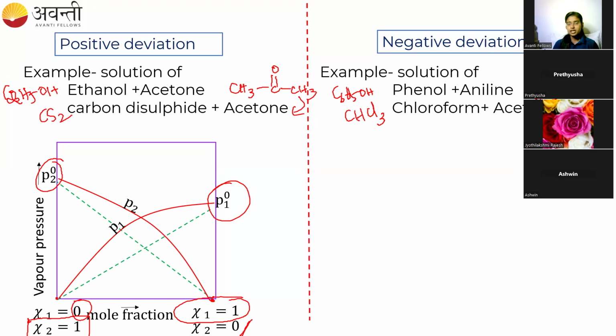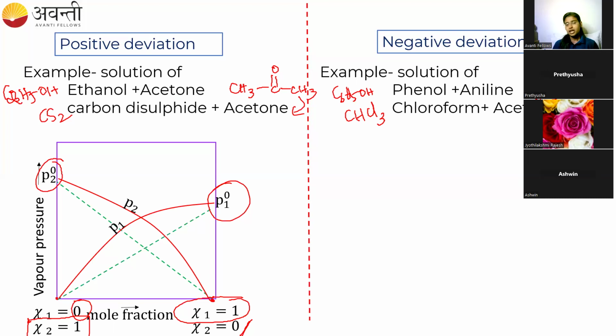The green dotted lines represent the ideal solution line. Above that, we have a red color line, which corresponds to positive deviation, a non-ideal solution.